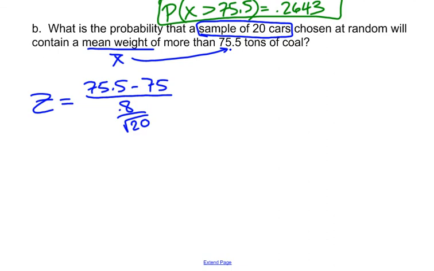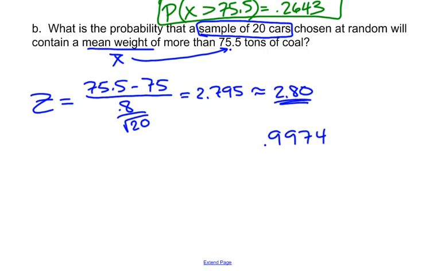Okay, when we do this, I get somewhere around 2.795. Since it's a z-score, we're going to round that to 2.80, since we have to have 2 decimal places to use the z-score. When we look up 2.80, we get the area 0.9974 to the left.